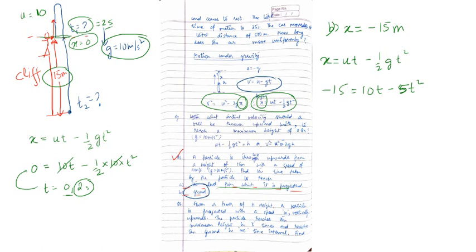So this is our quadratic equation. If we rearrange this equation, we will get t square, 5 is cancelled out, minus 2t minus 3 equal to 0. And solving this equation, we would get t is equal to -1 second and 3 seconds.